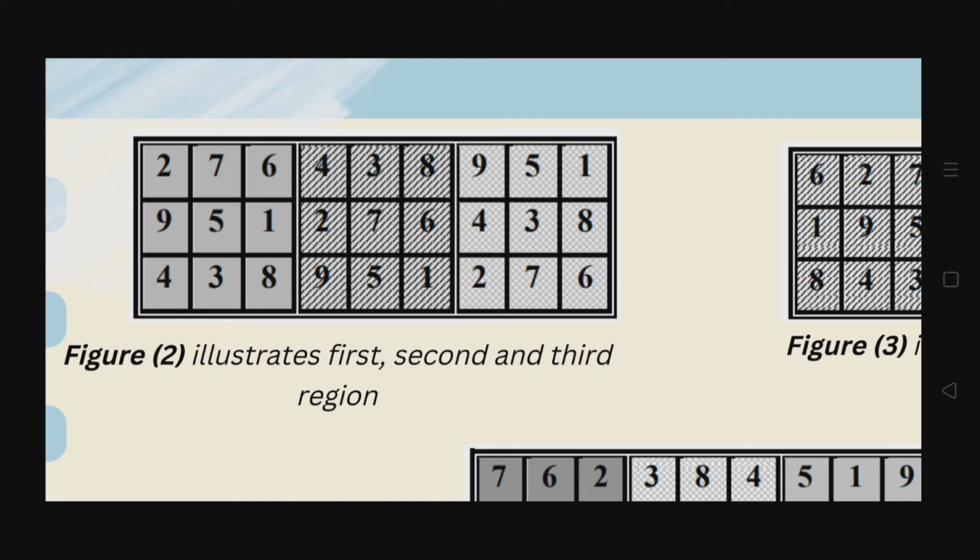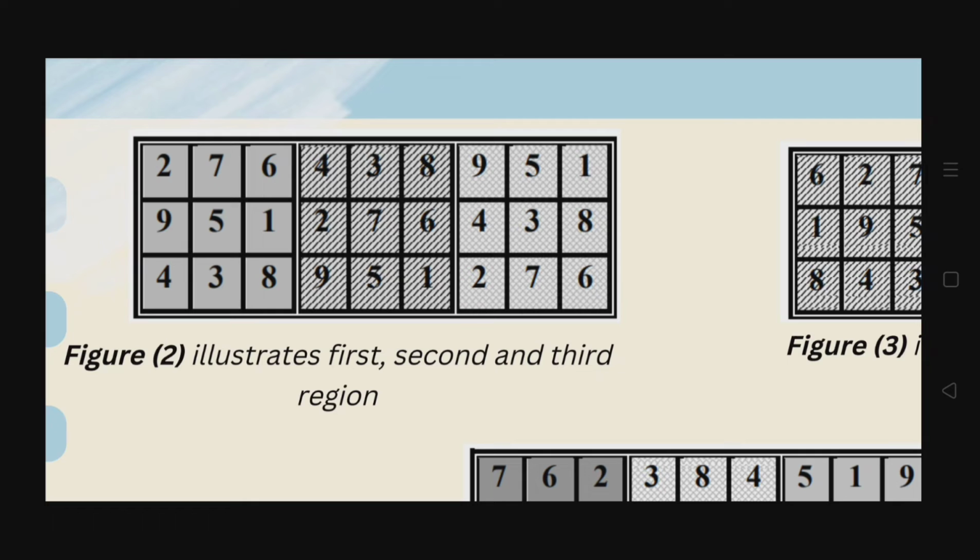Okay, if we actually move them, the third row in the first region is 4, 3, 8. When we move it to the second region, it is now in the first row. So from the third row, it goes to the first. Then the second row in the first region, which is 9, 5, 1, we put in the third row of our second region.